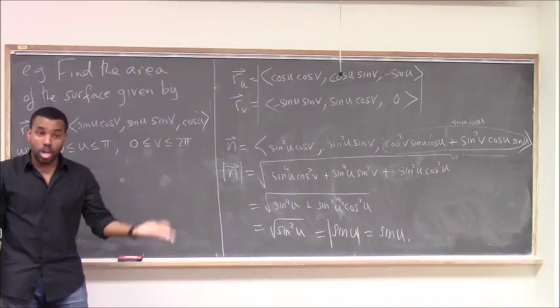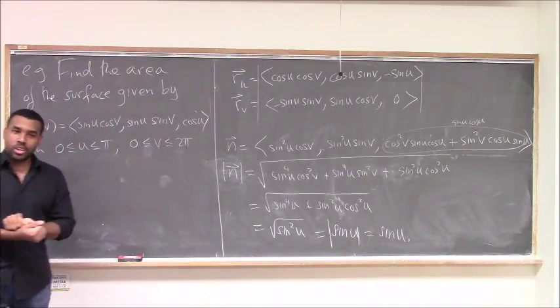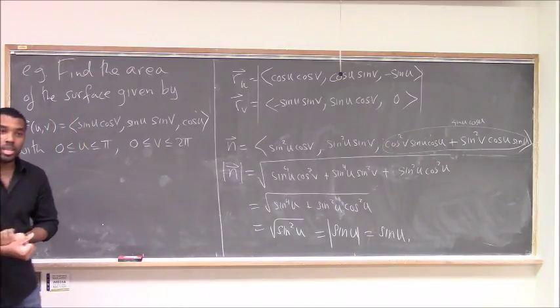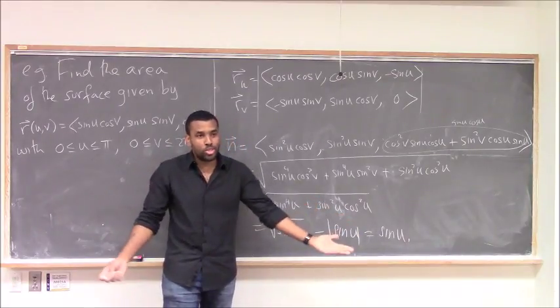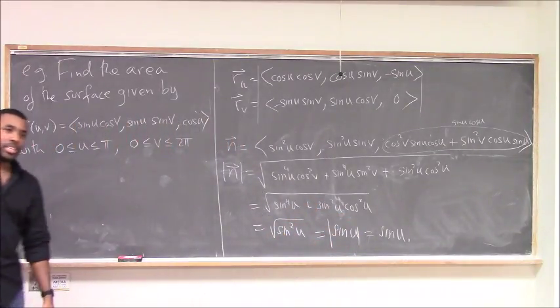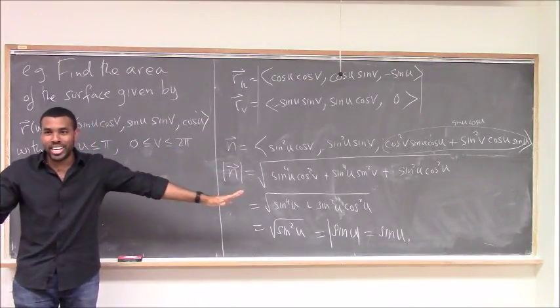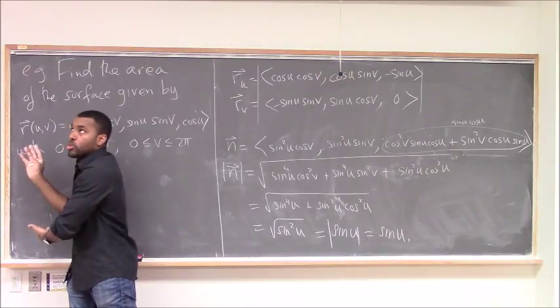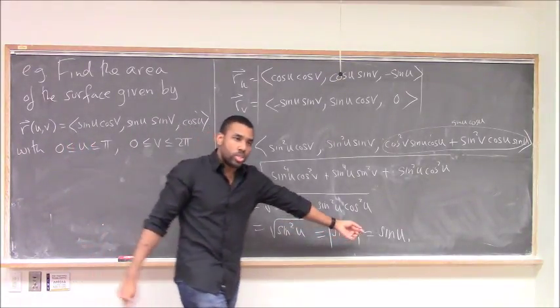So that gives us a couple approaches. One, you can just remember that for a sphere, if I parameterize it with spherical coordinates, the magnitude of my normal is always going to be that guy. That's one thing you could do. So you can do this once and never want to do it again. You just remember, for a sphere with spherical coordinates parameterization, the magnitude of my normal is always going to be rho sine u.